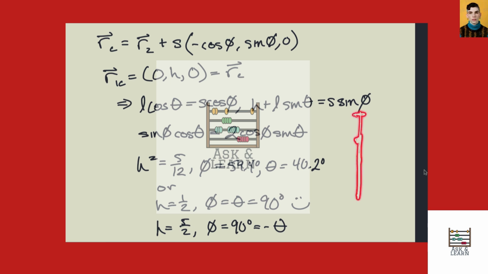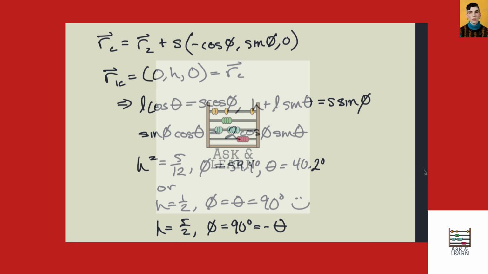So basically everything's vertical. The rod is vertical, and the cable is attached in here. And so h is 1/2, and these angles are 90 degrees. Okay, so that's a trivial solution, and you can figure out that it works if we put that in here.